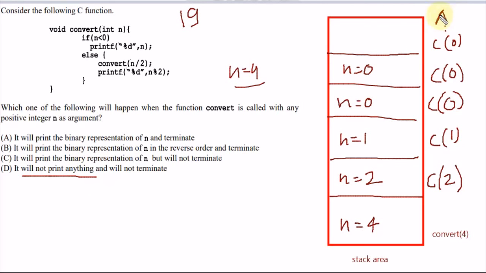So abnormally, it will terminate after a long time. It will not execute for infinite time, but it will terminate when the stack area is full, and that's why we have to say that it will terminate, but abnormally.